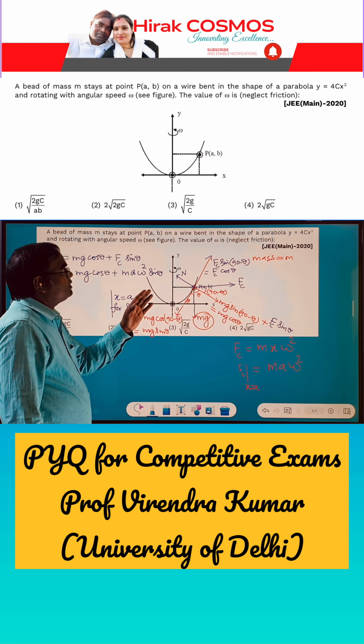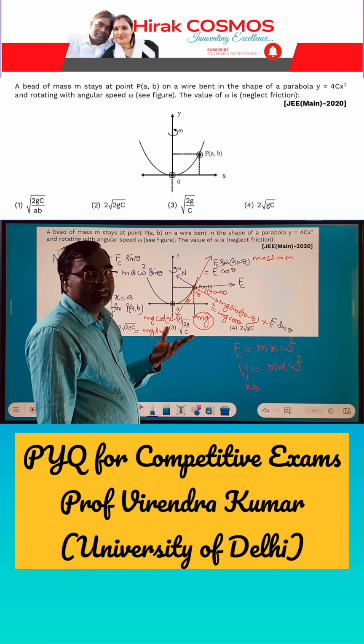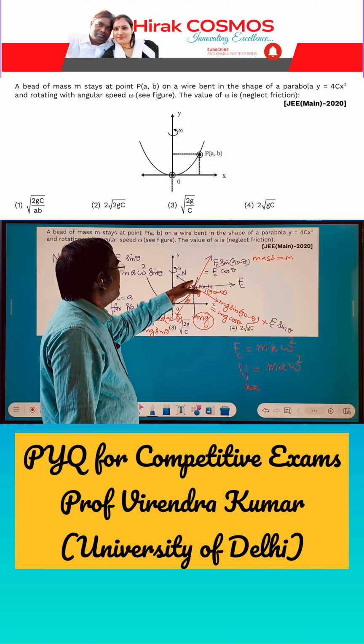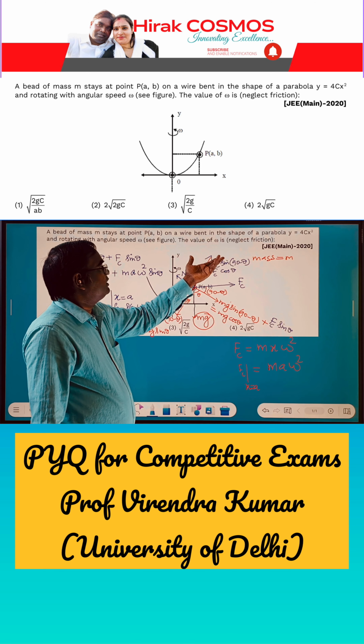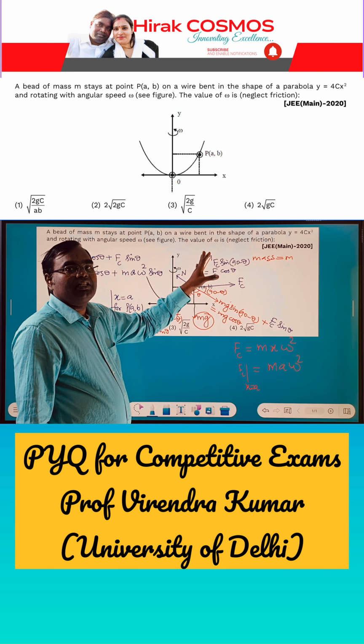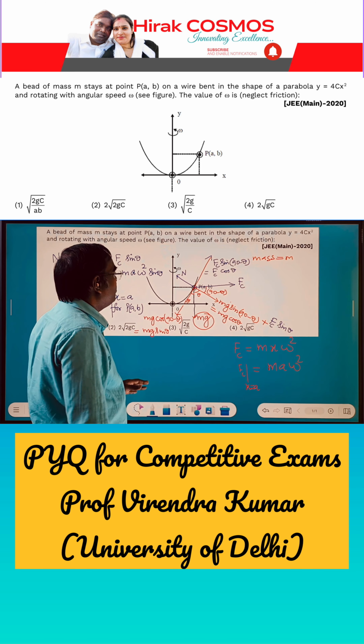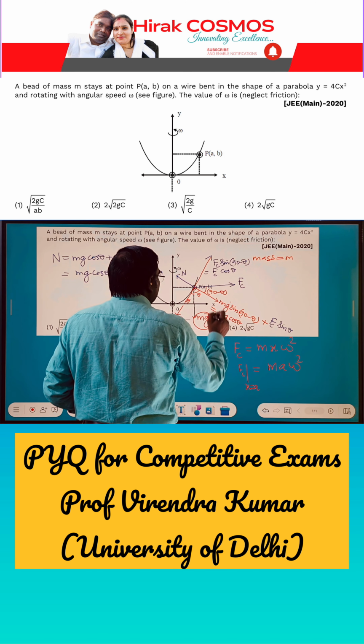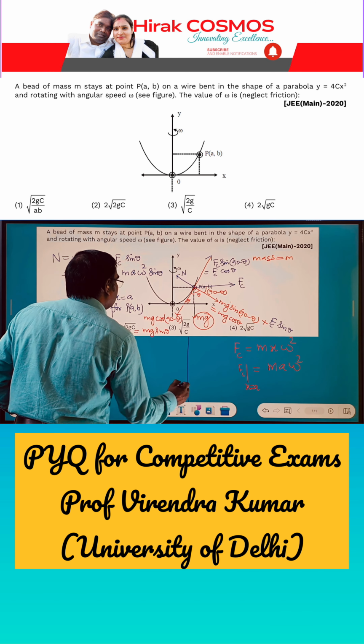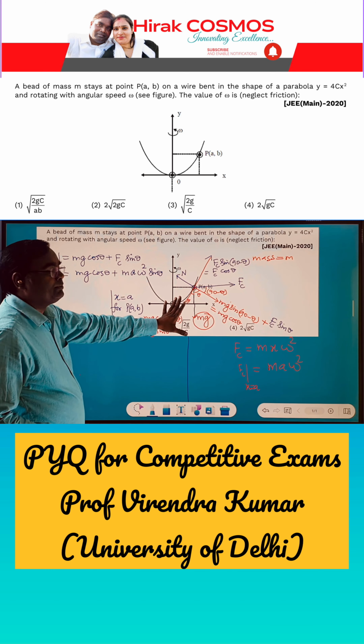Now, since the friction is neglected, there is no upward force that is resisting the motion of the bead due to the friction. So only the Fc cos theta is balancing this downward motion of the bead.